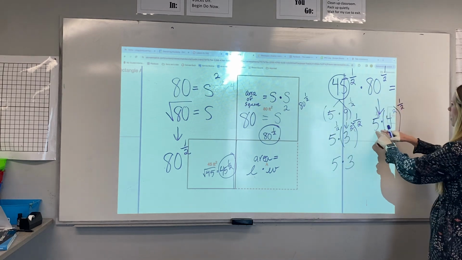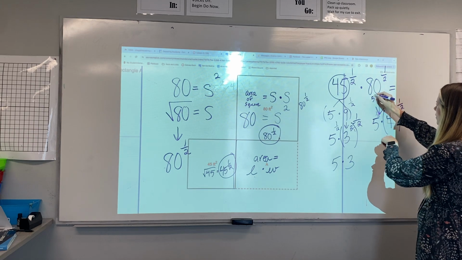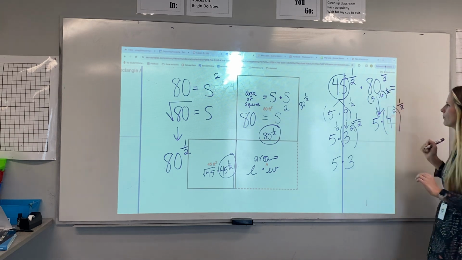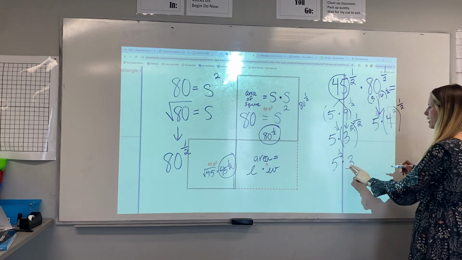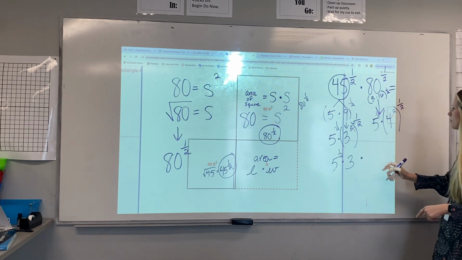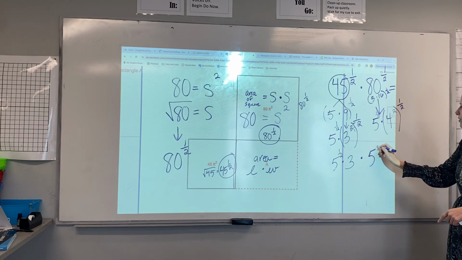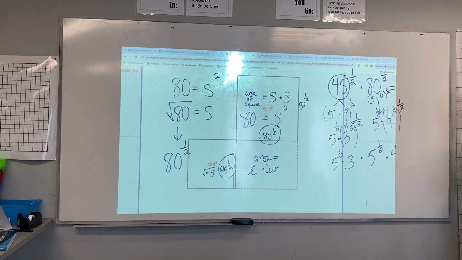This is really 5 times 16 to the 1/2 power, okay? So this is 5 to the 1/2 times 3, and then multiply that times 5 to the 1/2 times 4. Are you guys with me?